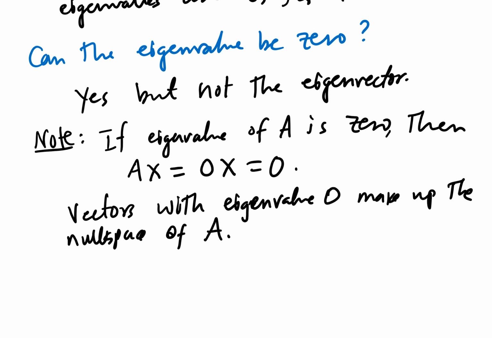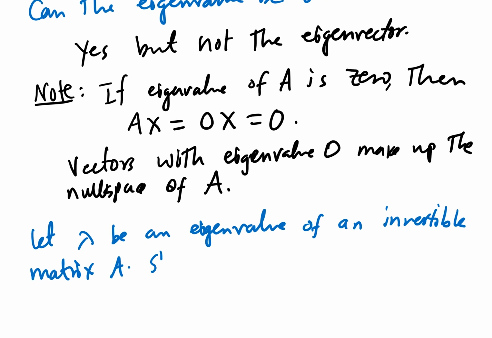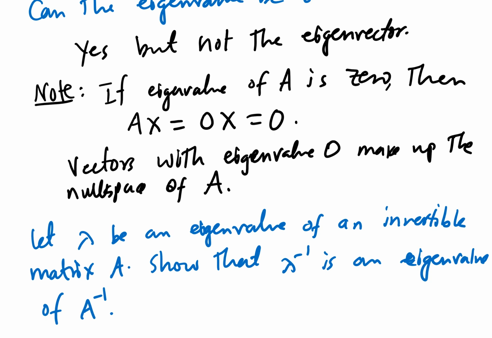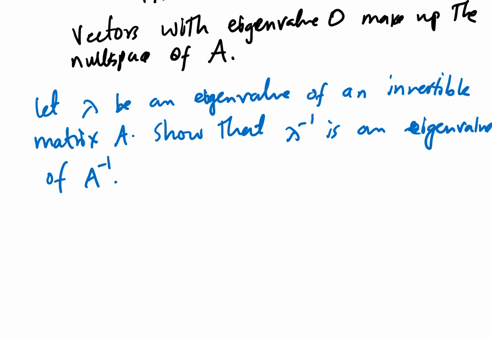Let lambda be an eigenvalue of an invertible matrix A. Show that lambda to the -1, lambda inverse, is an eigenvalue of A inverse. That's like a proving problem. We're going to split you in groups to have you work on this.